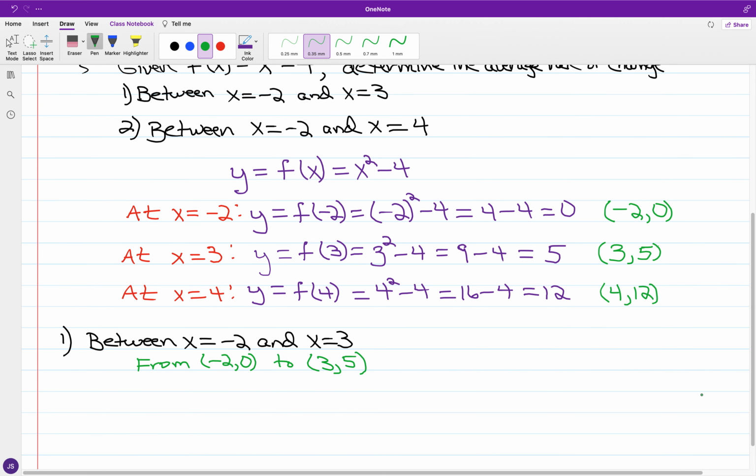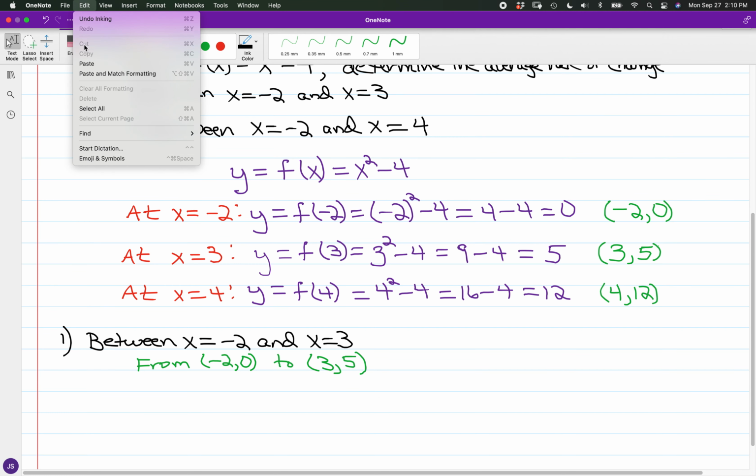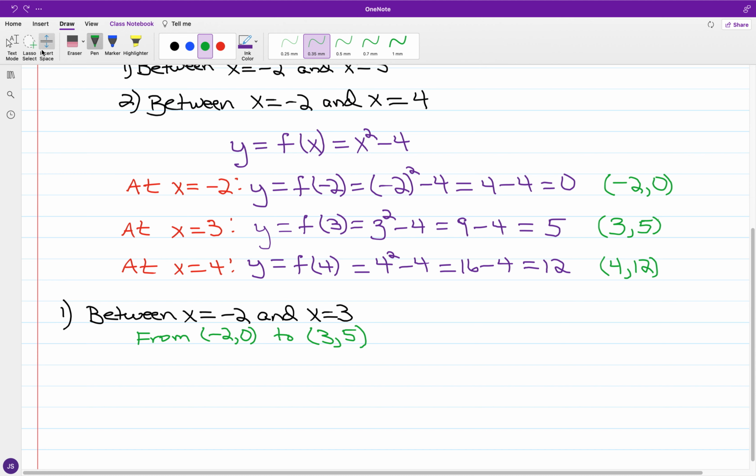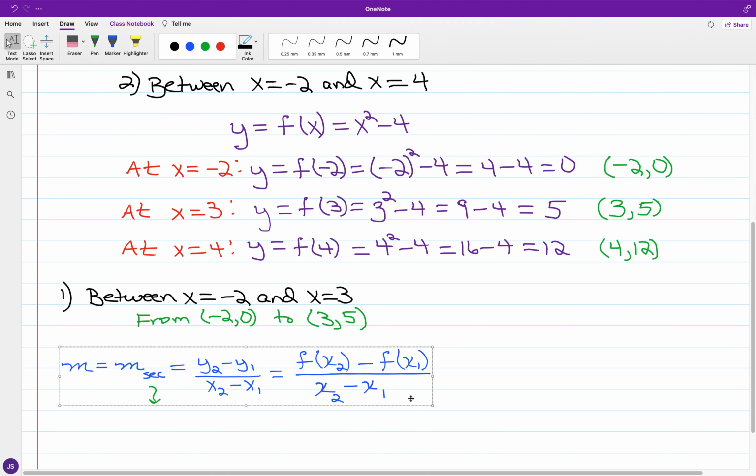And looking for the average rate of change. Okay. So we have here for the average rate of change.